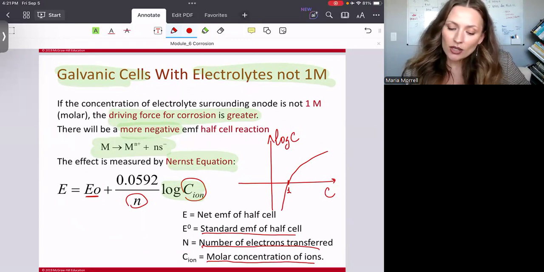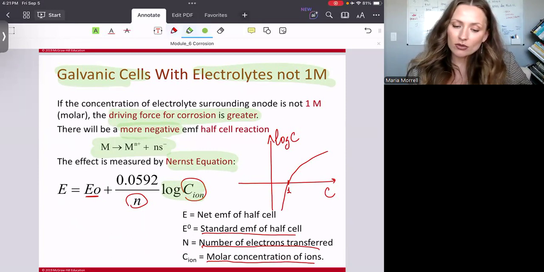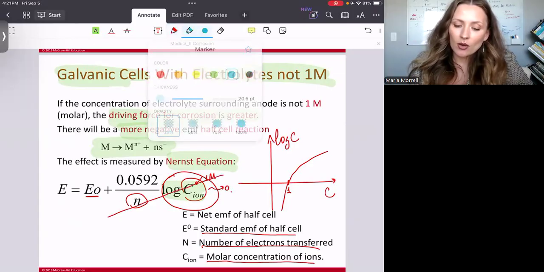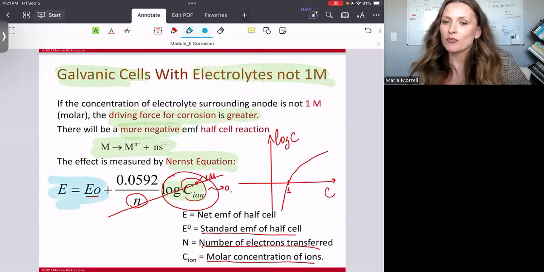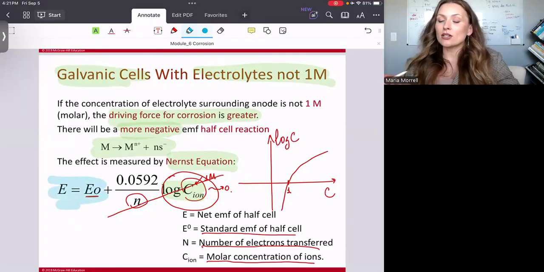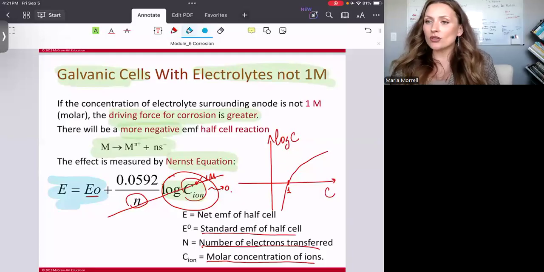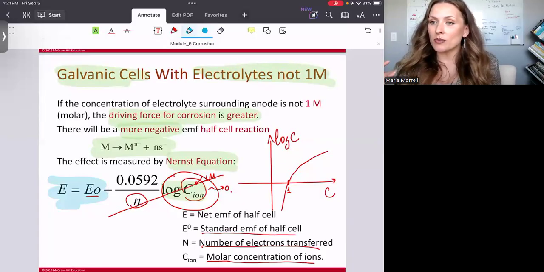So if my concentration is 1 mole, then my entire log goes to 0, and that means this entire term goes to 0, and I end up with just this equation, meaning that I don't have to calculate. There's no need for me to use the Nernst equation. I just go into the table and pull up the number from there. So hopefully that makes sense.